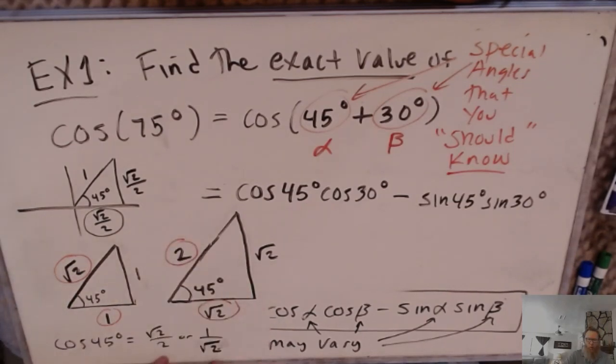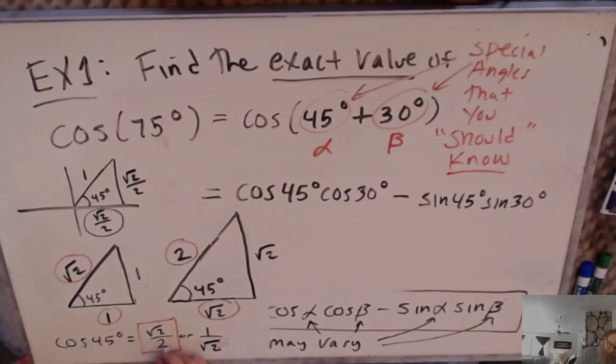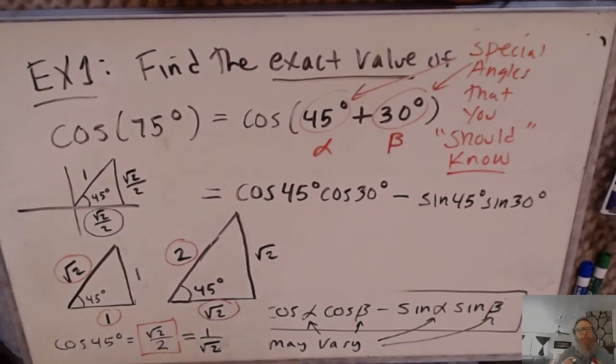All right, these are equivalent. I like this one. It's just easier to remember. But you can write it either way. This one is also true, 1 over root 2. So that's your special angle.